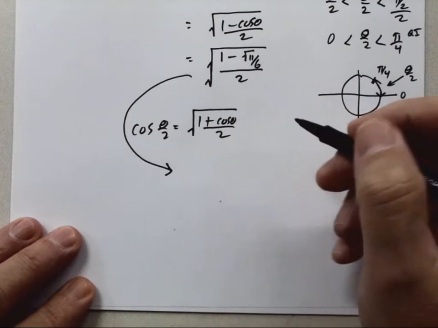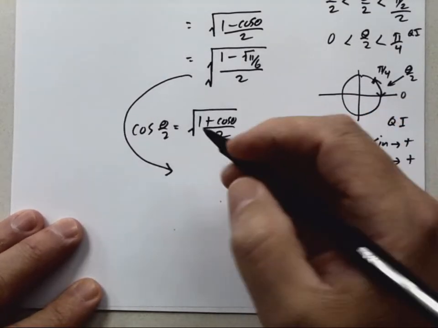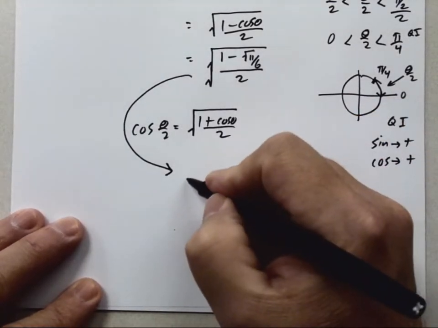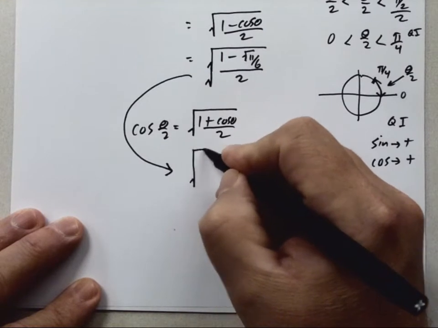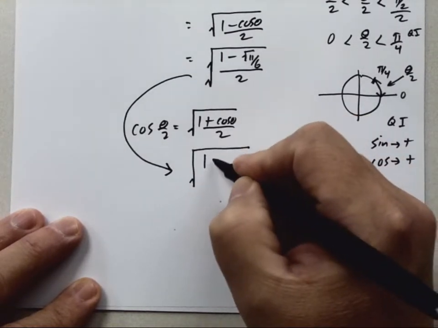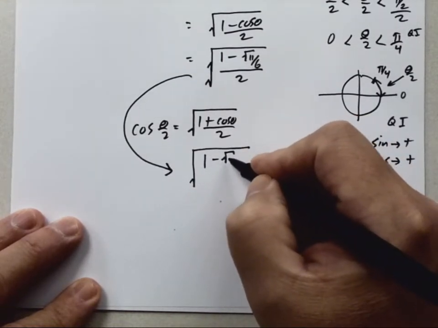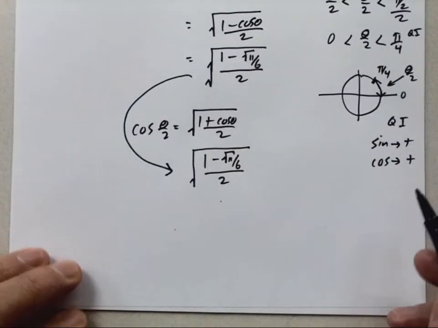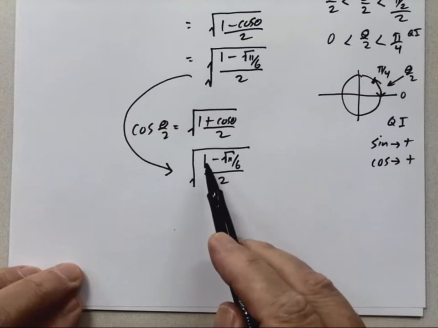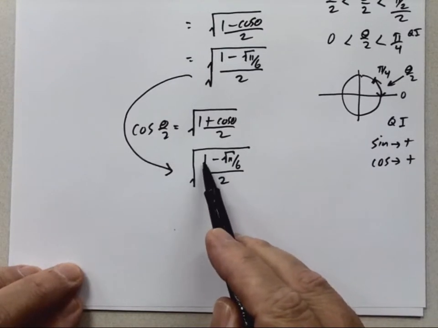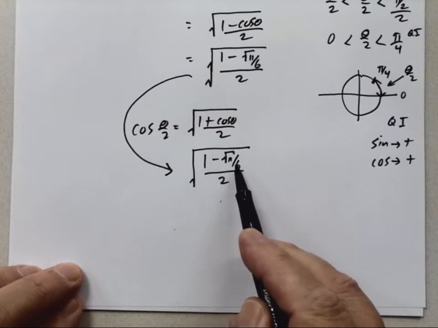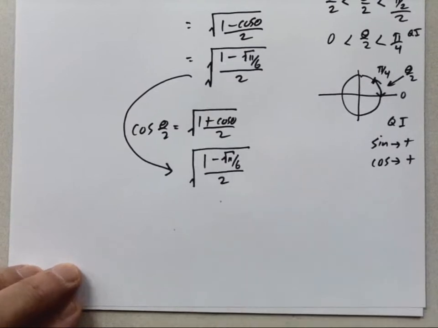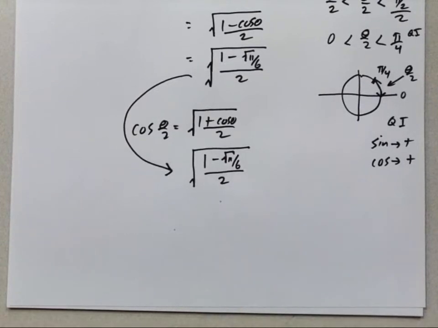This is pretty messy. So now we go back to some messy algebra, which you're going to have to remember how to do your algebra. So let me rewrite this to see what we need to do. To simplify this, first thing I need to do is this 1 minus square root of 11 over 6, I want to turn that into one fraction.